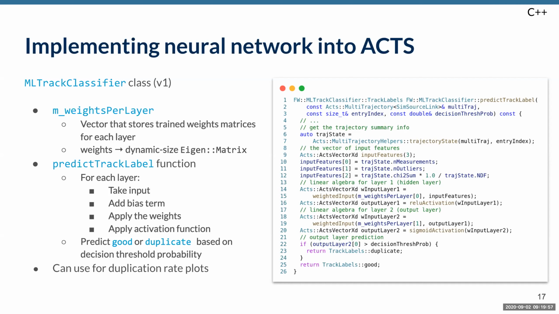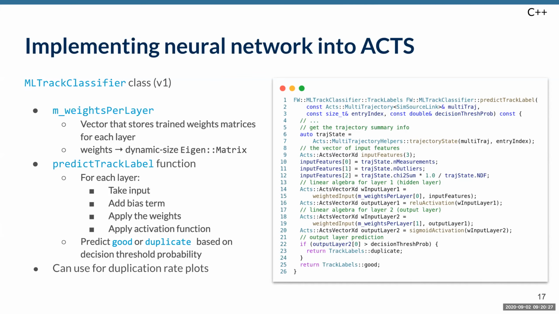So for each layer, we had to code a function that can take the input, add the correct bias term, apply the correct weights for that particular layer, and at the end, apply the correct activation function for that layer, and then repeat this over and over until it describes the whole network. And finally, at the end, we implement the decision threshold, and based on this, we predict a label of either good track or duplicate track.